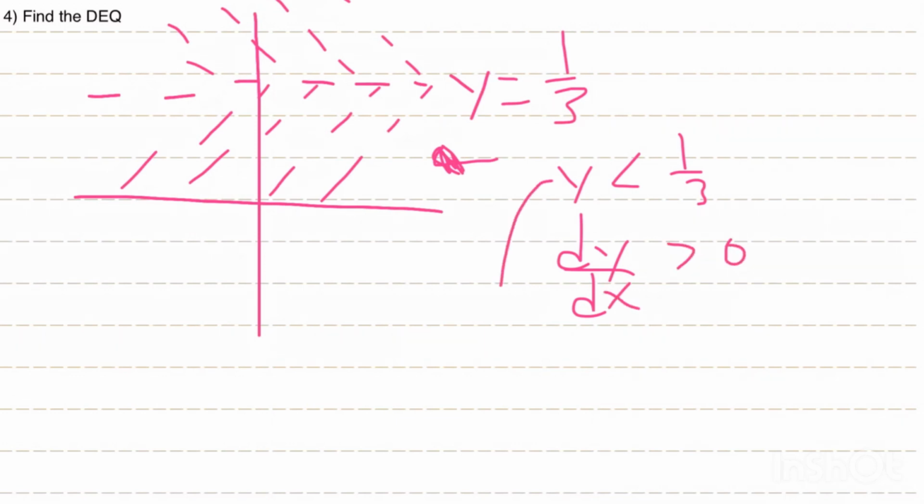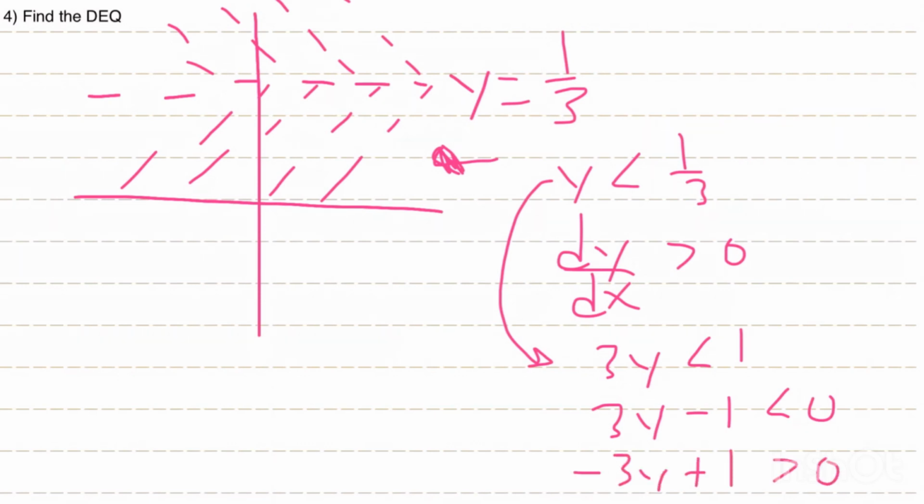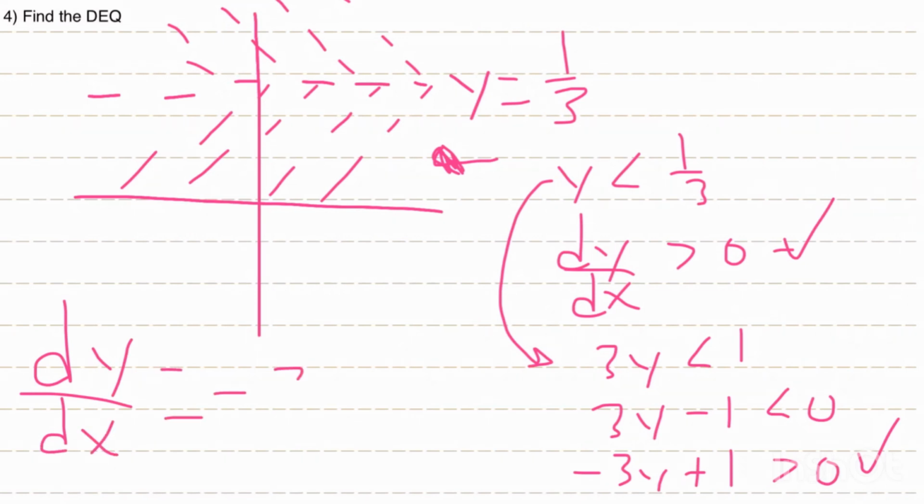So we take y less than 1/3, we say 3y is less than 1, then we move over the 1. And now, once again, we have to flip the sign because we're using dy/dx is greater than 0. So we're going to make this negative. Now they're both greater than 0, this one and this one. So now we can just say dy/dx equals negative 3y plus 1, and that's your differential equation.